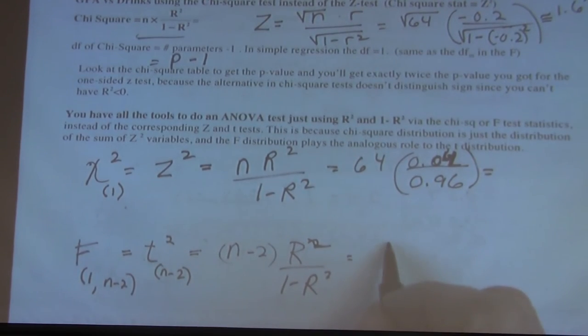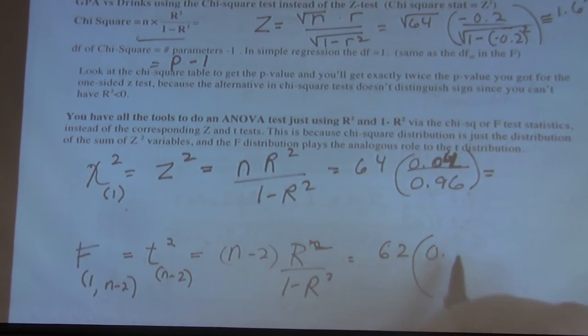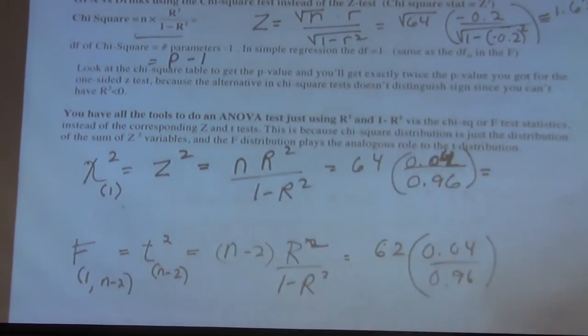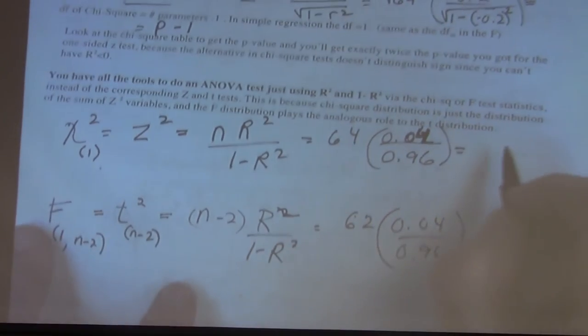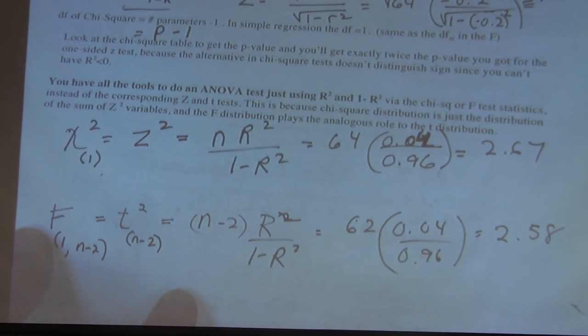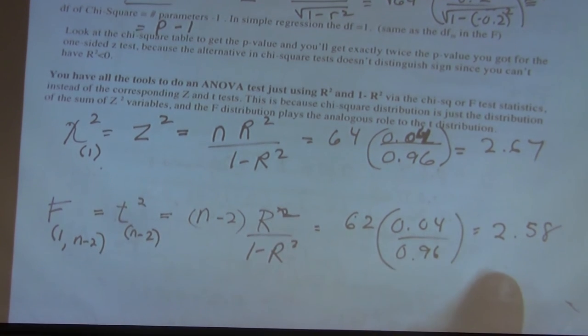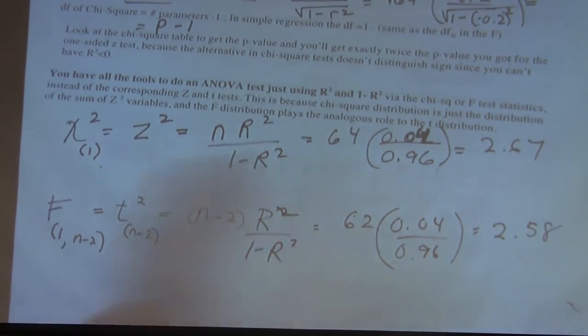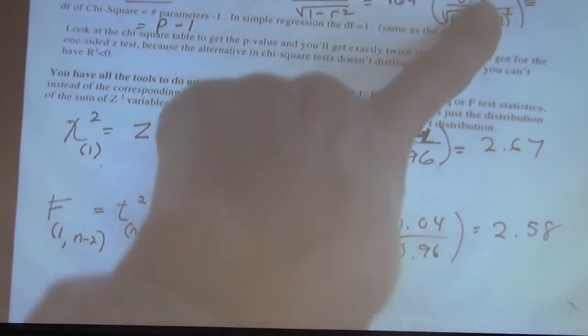This one was 62 over the same thing. And so now, this one's going to be a little bit less than that one. Here we get 2.67, and here we have, was it 5.8? Wasn't it 5.8? And then the square root of that was t, and the square root of this is F.